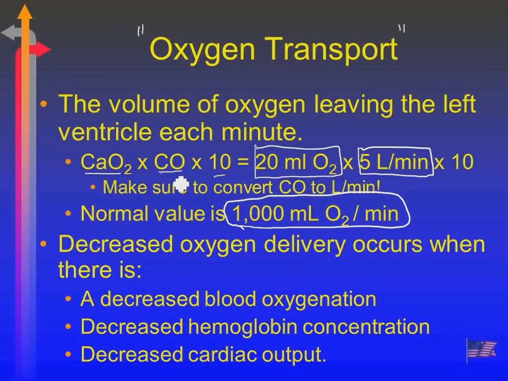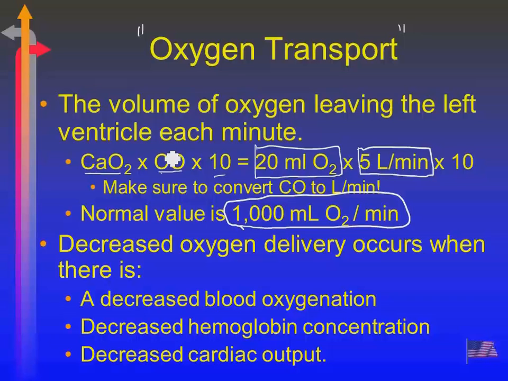Could be my heart rate is low. Could be my preload or afterload or contractility is out of whack. All those things play together. So our job as a respiratory therapist is to make sure the patient is adequately oxygenated. Some of that we have control over as far as delivering oxygen, but some of it's cardiovascular.